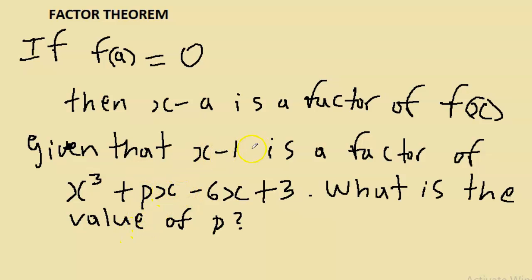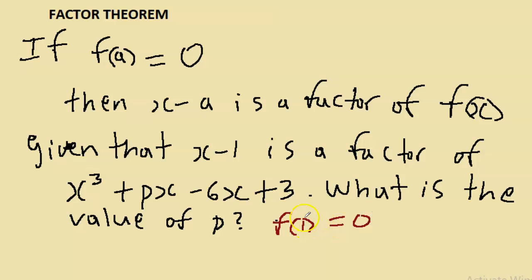Alright, so if x minus 1 is a factor, it means that f of 1 is equal to the remainder. But since it states it's a factor, then the remainder is 0.